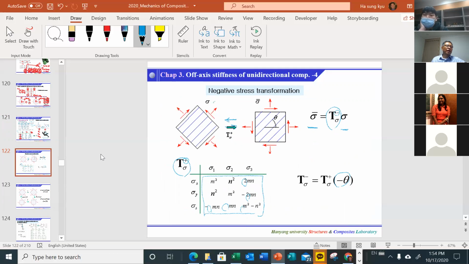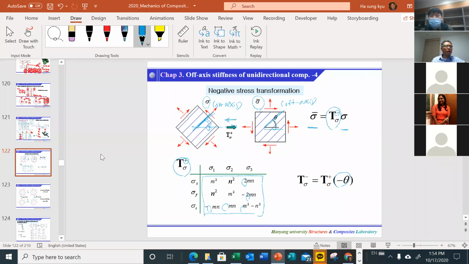This is the on axis, and here is the off axis stress. If you would like to derive this off axis stress from this on axis, what do you want to do? Well, the coordinates go backward, right? You want to go to here, go back.